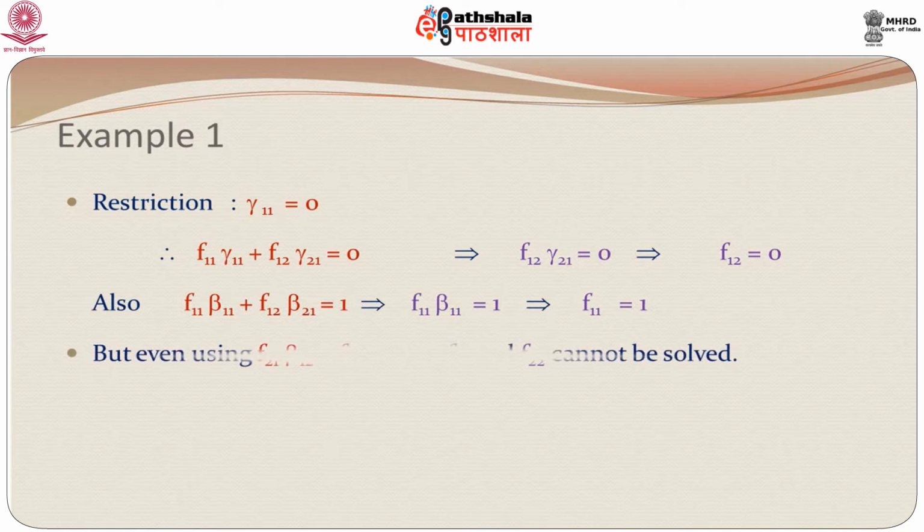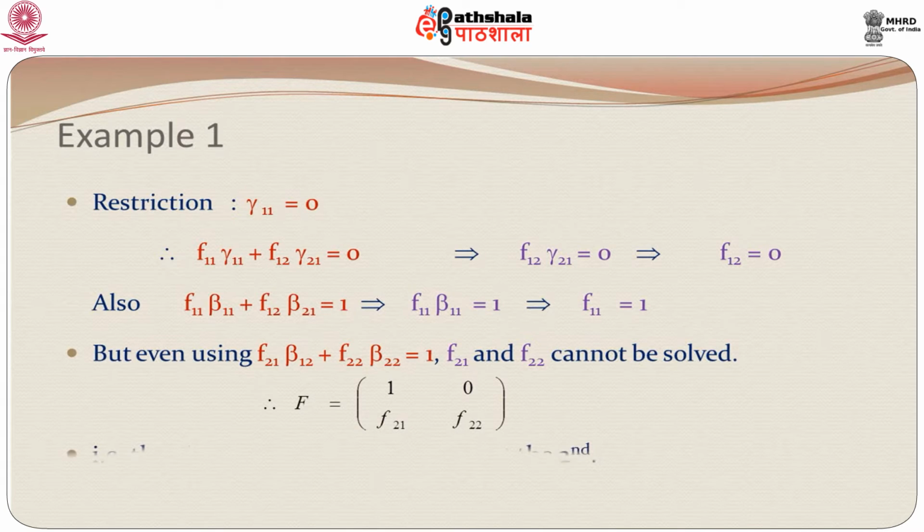But even if you have the second condition of beta 2 2 equal to 1, translating to F21 beta 1 2 plus F22 beta 2 2 equal to 1 in the FA matrix, we cannot solve for F21 and F22. So finally, our F turns out to be F11 equal to 1, F12 equal to 0, and F21 and F22 as before. That is, the first equation is identified but not the second, exactly what we had been expecting.